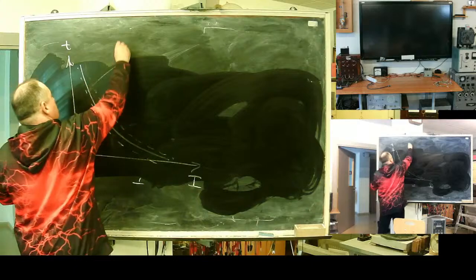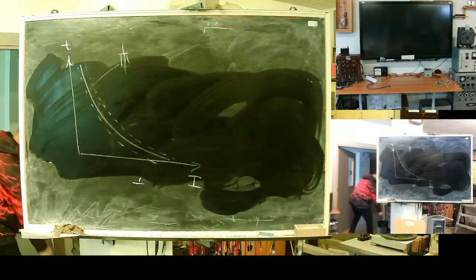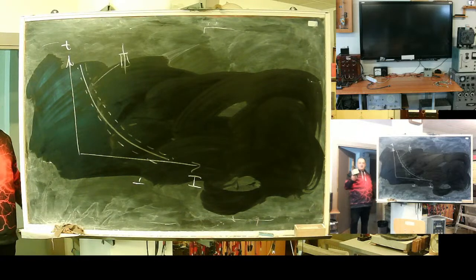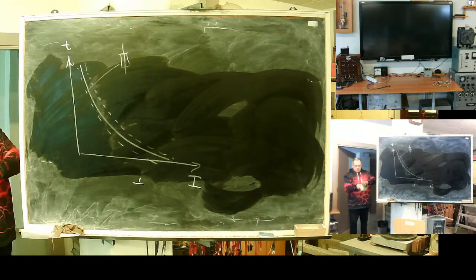Here is the characteristic of the fuse. Fuse, come here. See this nice guy? 1000 amp fuse. Here. It was marked 1000.